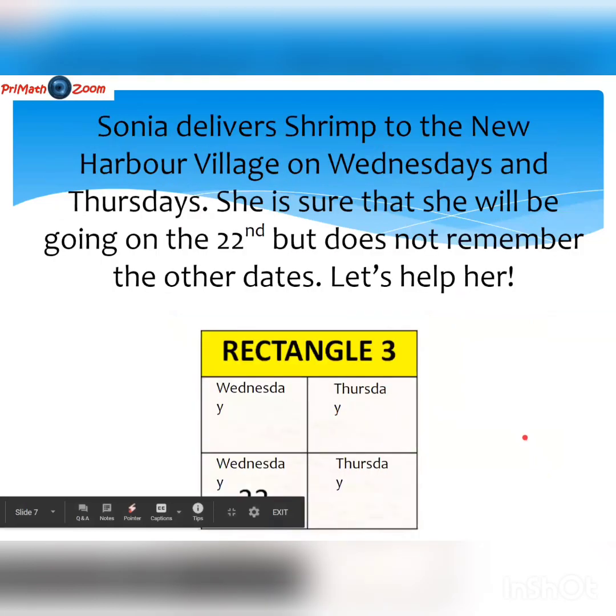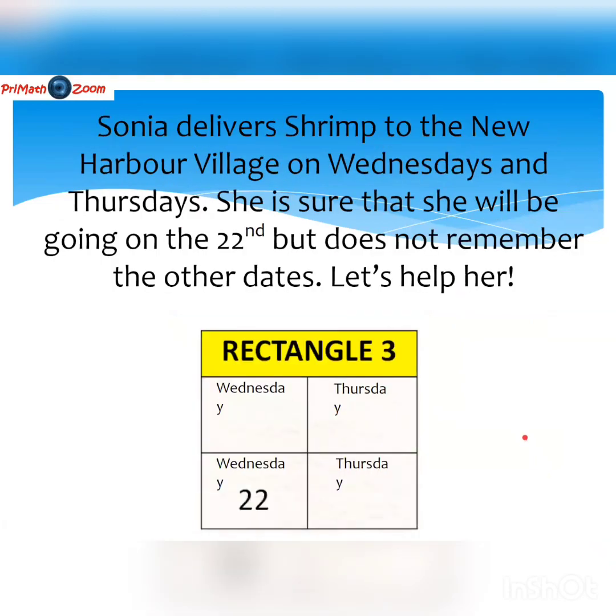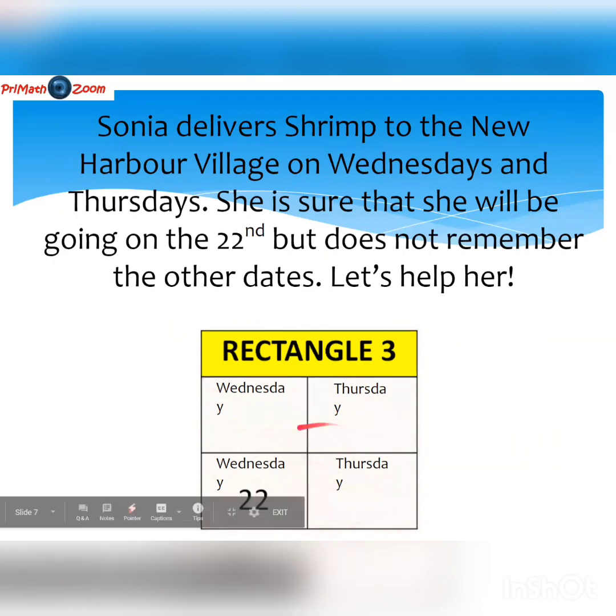Now here's another one. Sonia delivers shrimp to the new Harbour Village on Wednesdays and Thursdays. She is sure that she will be going on the 22nd, but does not remember the other dates. Let's help her. So here, she's going on this Wednesday. She's going on this Thursday, Wednesday again, and Thursday.